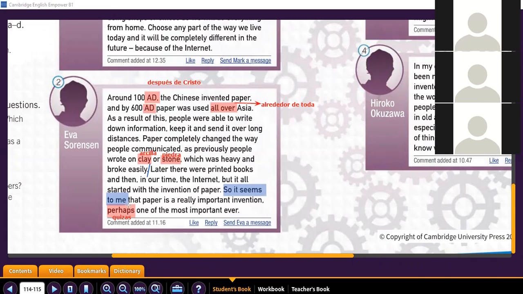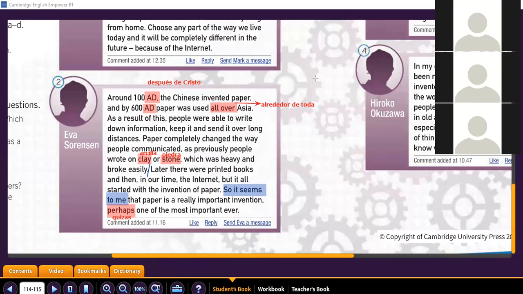Good. So what phrase do we have in here that expresses a result? ¿Con cuál de las frases, en cambio, estamos indicando un resultado?